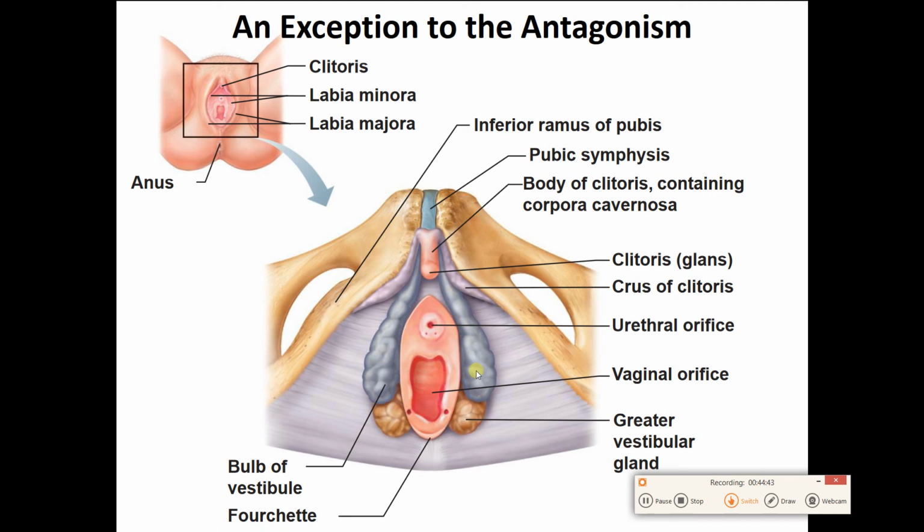Whereas the sympathetic response, stimulation, is going to be responsible for secretion of mucus from glands, like these glands that we see, also adjacent, emptying into the vestibule of the female external genitalia, just inside the labia minora.